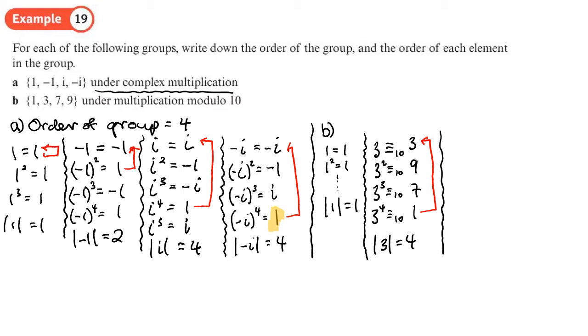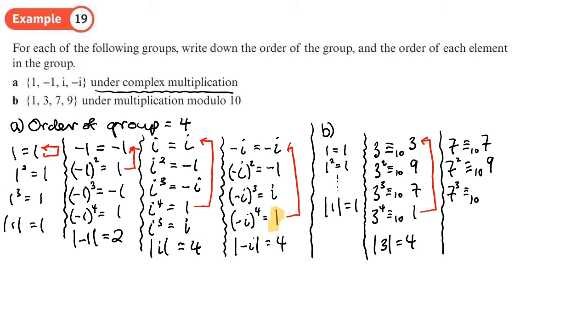What's the next one? 7. So that will give us 7 to start with. 7 squared, 49. I think I'm going to need a calculator for cubed and power 4 if I get there. So 49 under modulo 10 is 9. 7 cubed, let's work this out on our calculator.